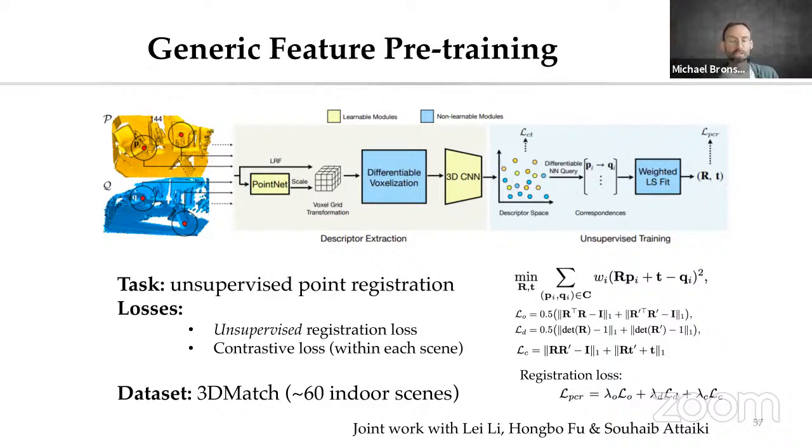So with the alignment of scenes, you do introduce some inductive bias, if you wish, some assumption that we have scenes that can be geometrically aligned, right? Rigid. Yeah, that's the 3DMatch data set. That's the premise of this data set.